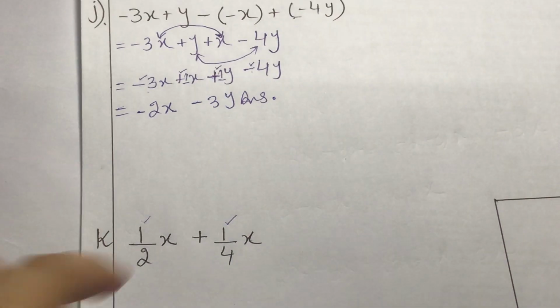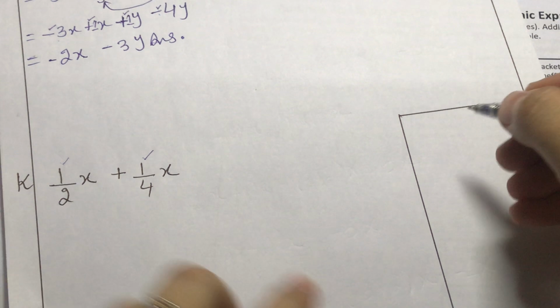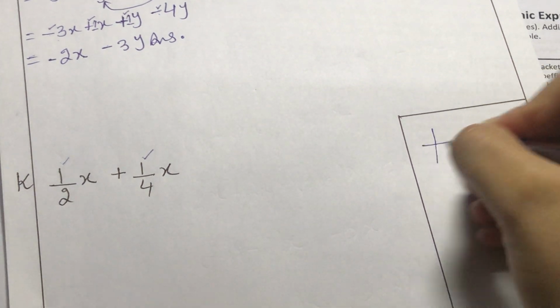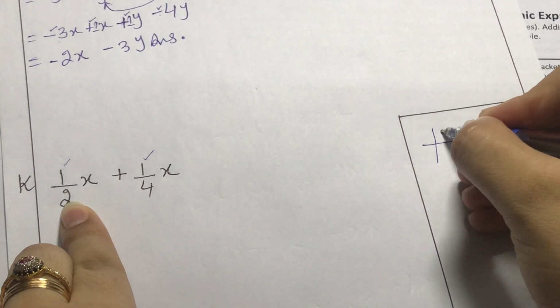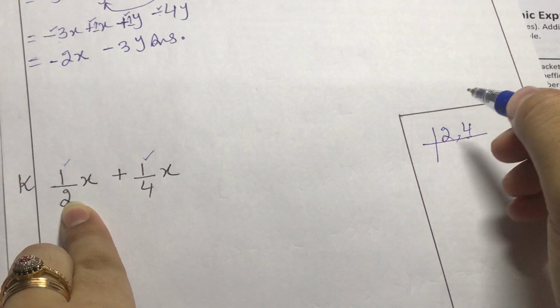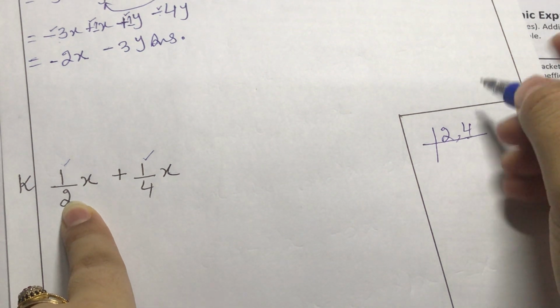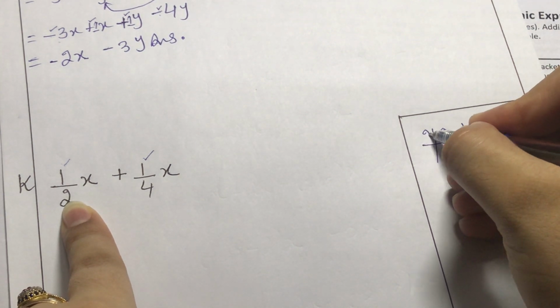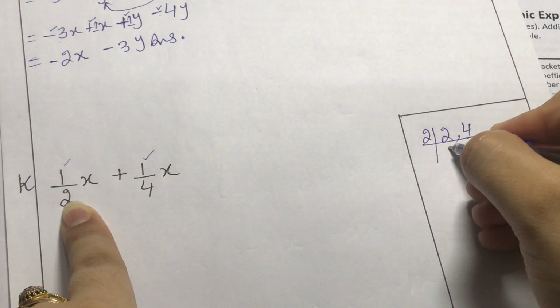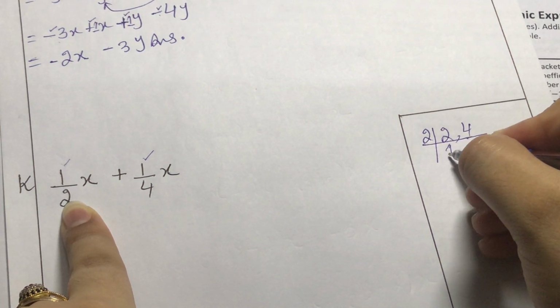To make these fractions like fractions, what we have to do first, we have to take the LCM of the denominators, and our denominators are 2 and 4, and you know we always do the prime factorization here, and we always start division with our smallest prime number, that is 2 if it's possible. Otherwise you can choose your next prime number.